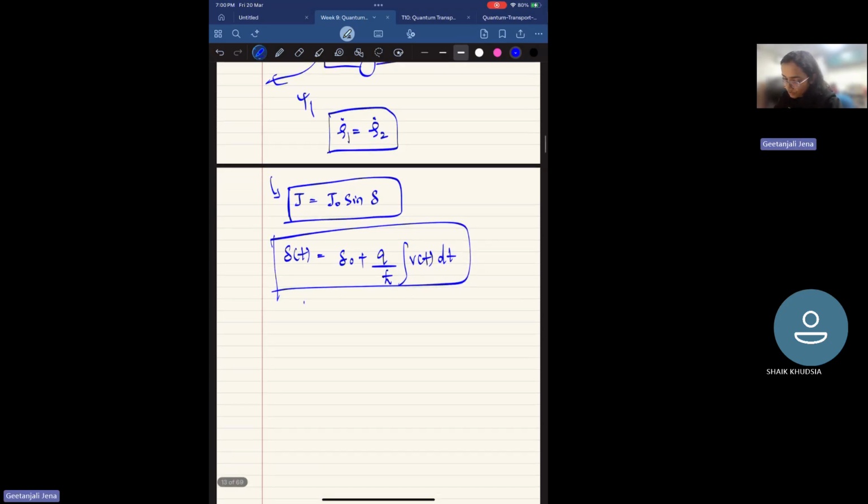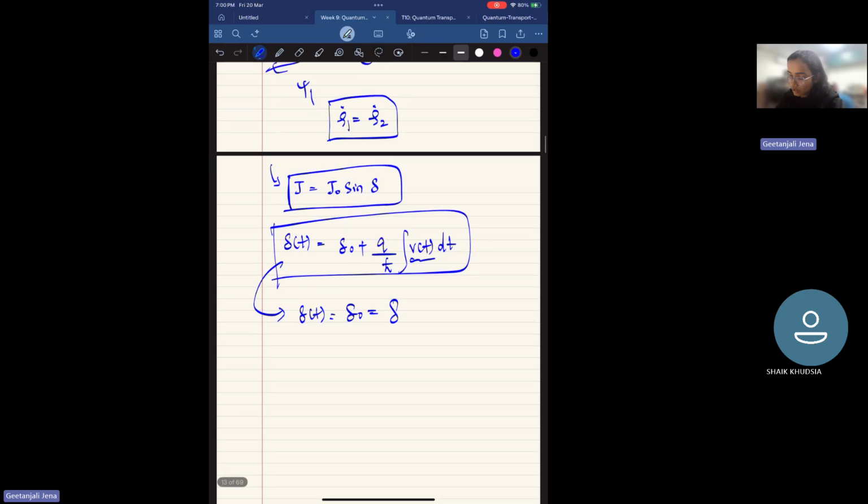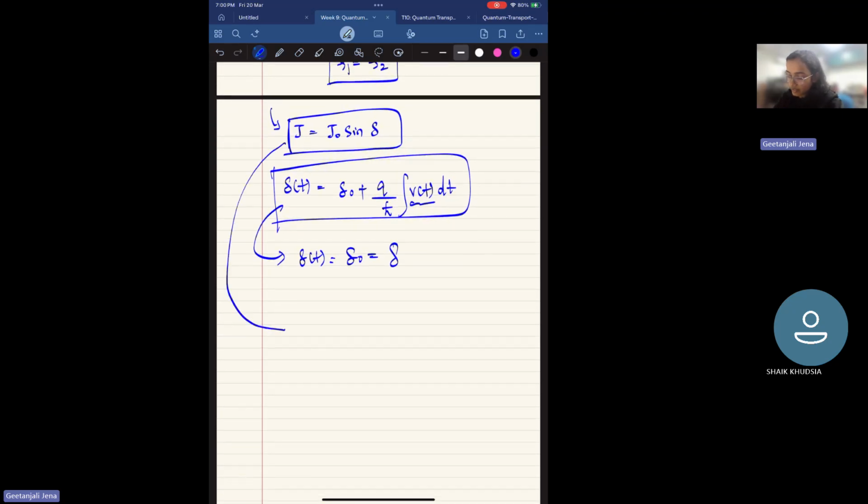For zero voltage, because we are in the zero voltage case, delta(t) is delta 0, and delta 0 is the phase difference between the copper pairs. After all this, the current is expressed as this, and this is the reason behind the supercurrent branch that we have seen earlier under the zero bias condition.